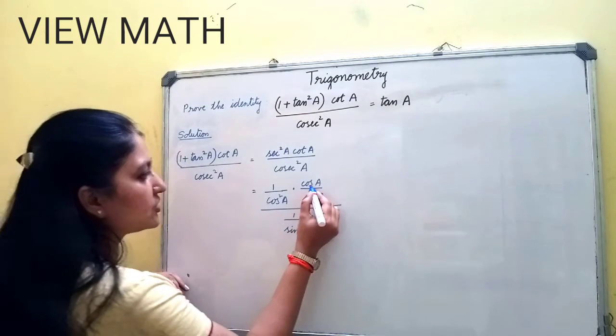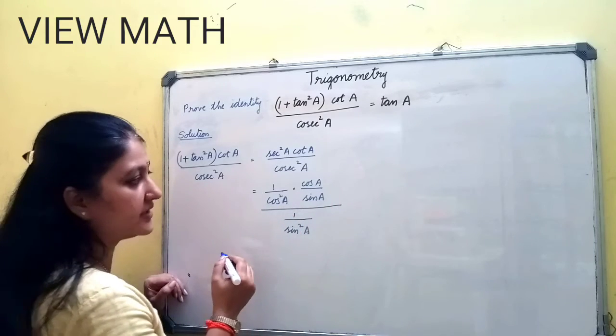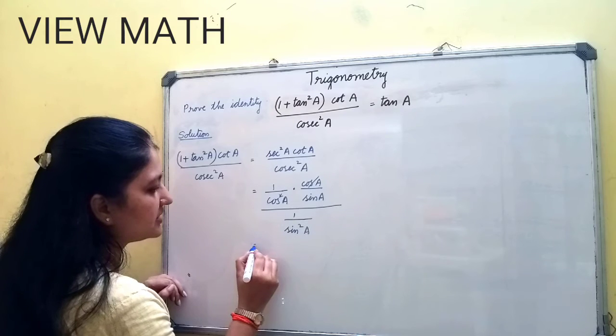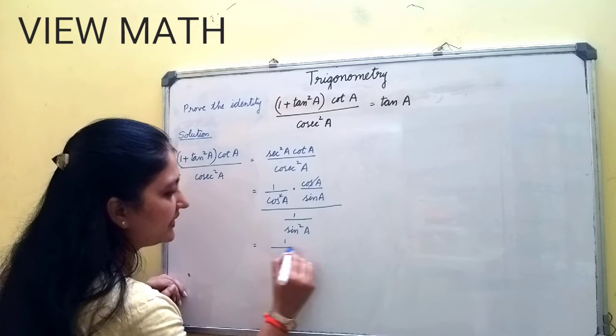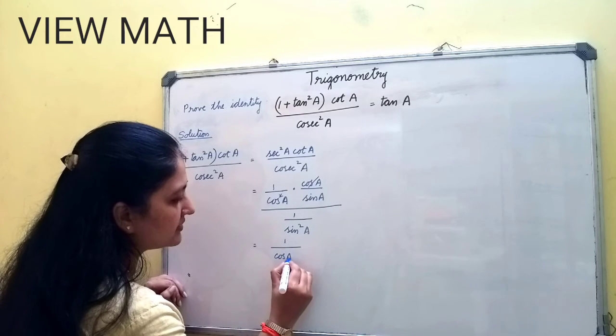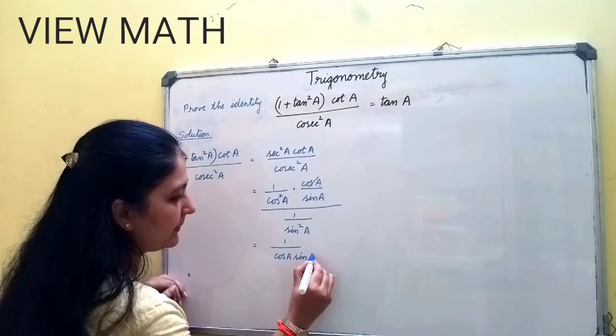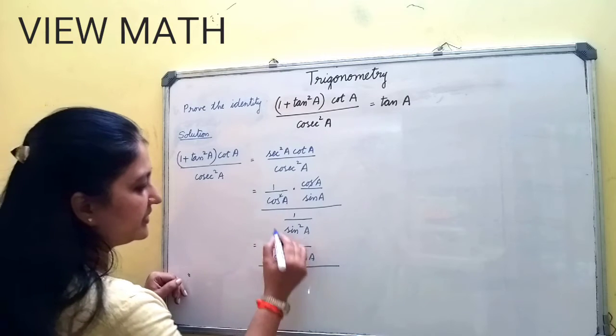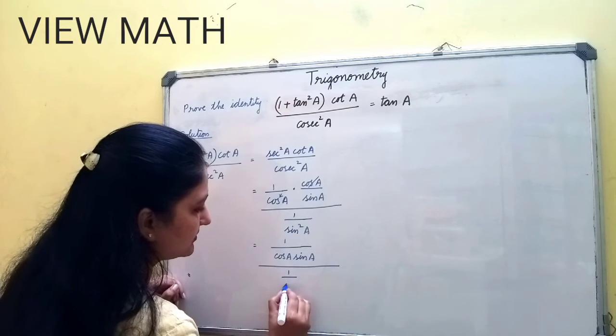Now you can see here cos A is there, cos square A is there, so let me cancel one. So now the numerator will be equal to 1 by cos A sin A. The whole thing divided by the denominator, I am writing it as it is.